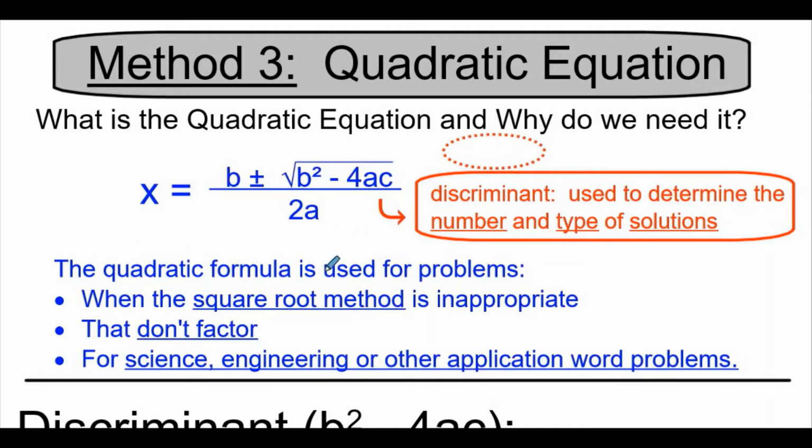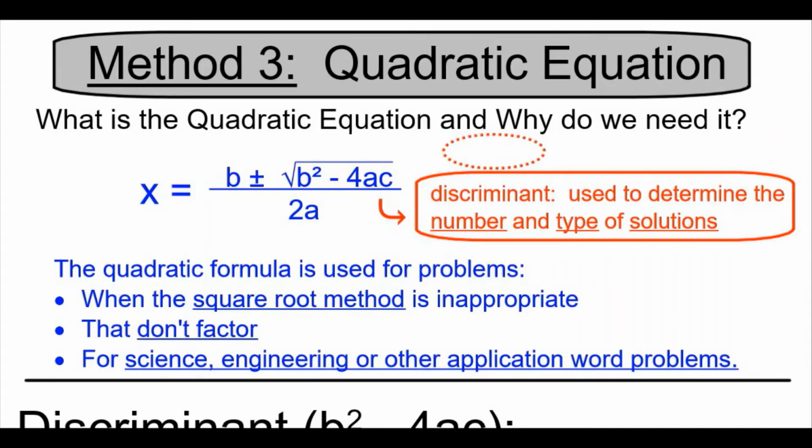So we would use the quadratic formula when the square root method is inappropriate, meaning you have a bx term, because if you have a bx term, you need to factor. But if you have that bx term and it doesn't factor, this formula will provide an answer, though a very unattractive and kind of messy answer. And it's typically used for science, engineering, or other application problems.